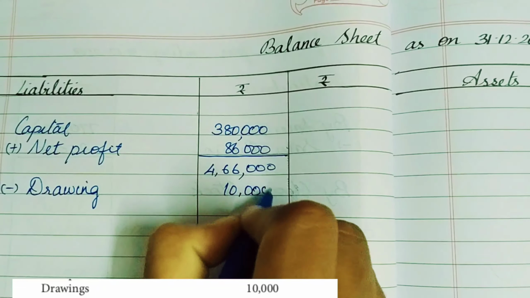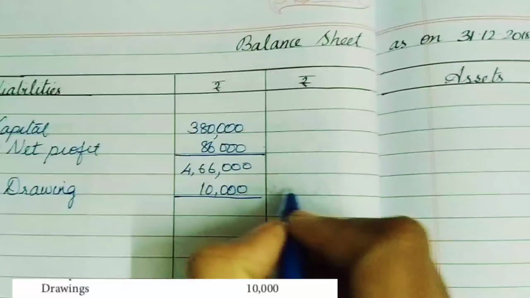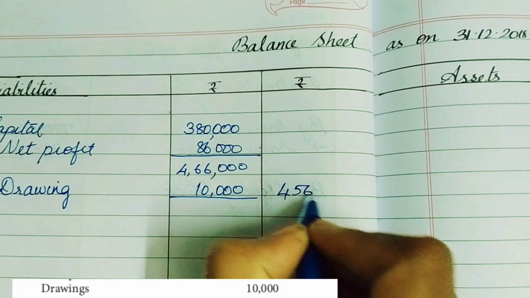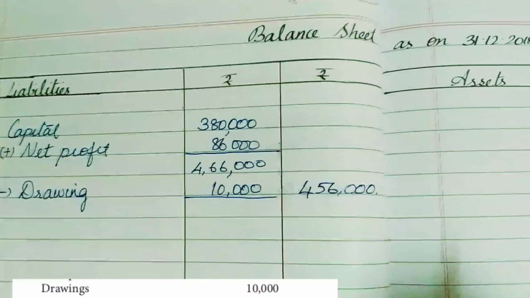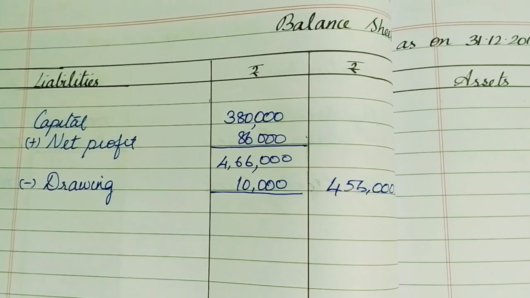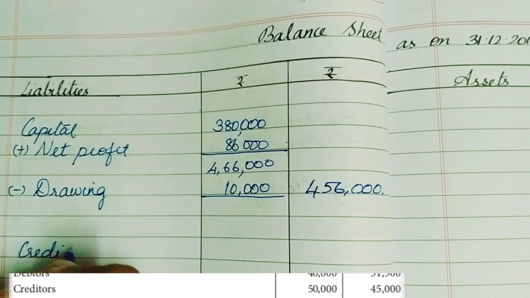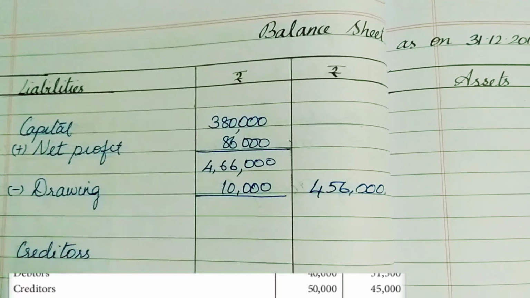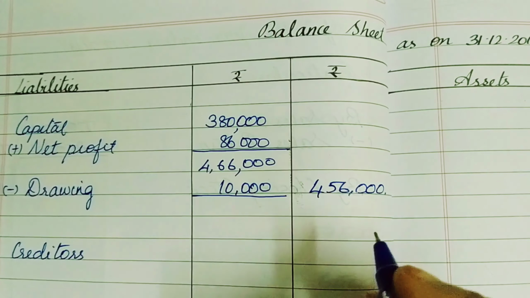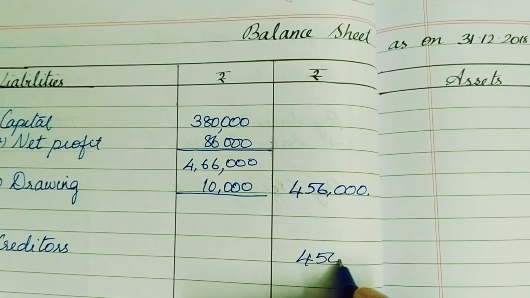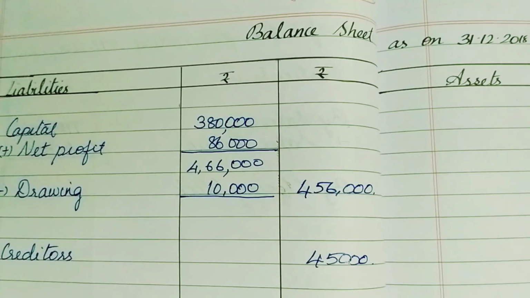So if you subtract the drawings, it is going to be 4,56,000 in the outer column for the net capital. Next, after the capital, we have only the creditors account on the liabilities side. So the closing value of the creditors given in the column is 45,000. With that, our liability side is completed.